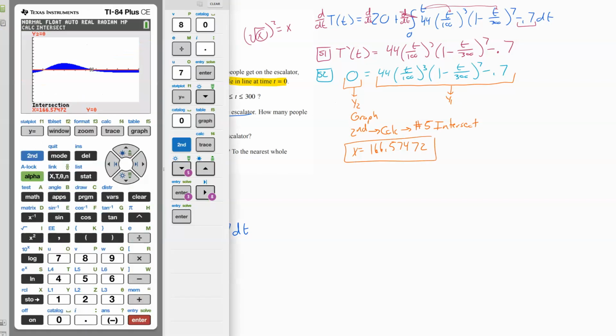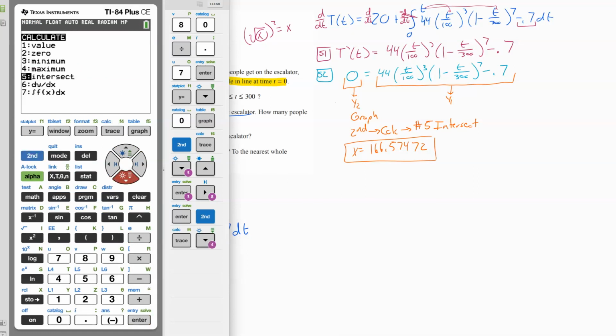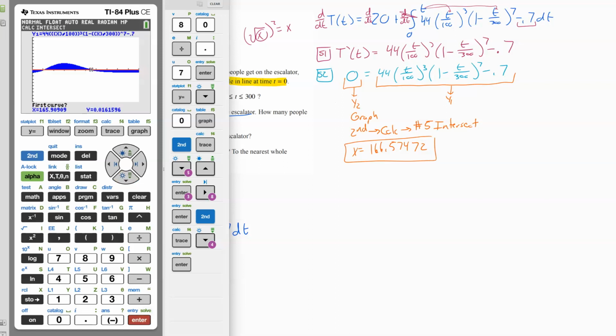And then we're just going to start the process over to find the other critical value, that other intersect. So I hit second, calc, and again, choose the number 5 option, intersect. First curve, again, just hit enter. Second curve, just hit enter. And then guess, I'm now going to scroll all the way back over here to find out that answer. And I hit enter again.